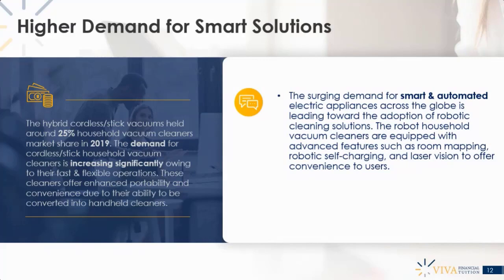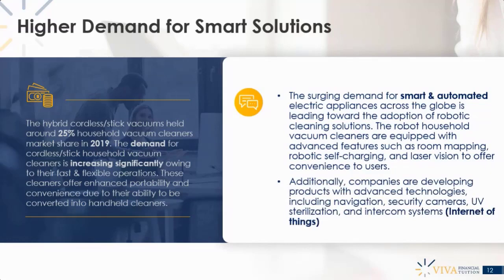So a lot of really interesting futuristic kinds of technologies are now being incorporated into vacuum cleaners, and the robotic one, of course, is the most relevant in that respect. Additionally, companies are developing products with advanced technologies, including navigation, even security cameras now being incorporated in some cases, UV sterilization, so we're talking about a hygiene feature there as well, and intercom systems.